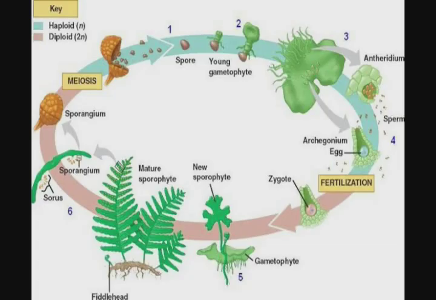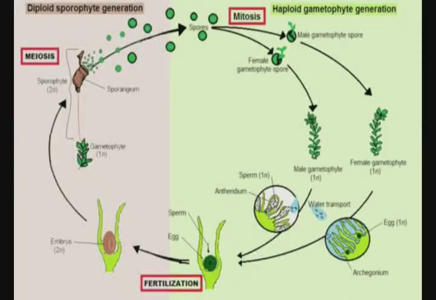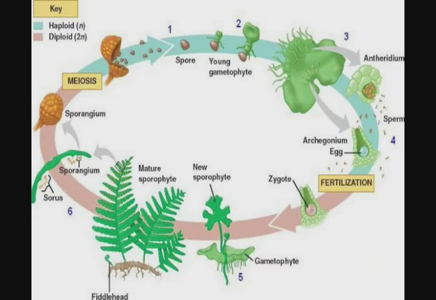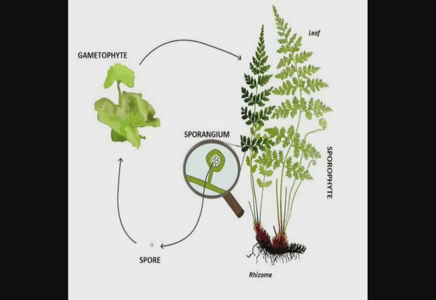Prothallus is a green heart-shaped structure. So fertilization forms a new sporophyte. Right. So this is the life cycle of ferns.